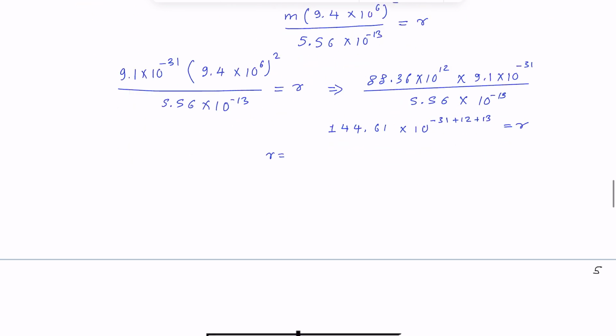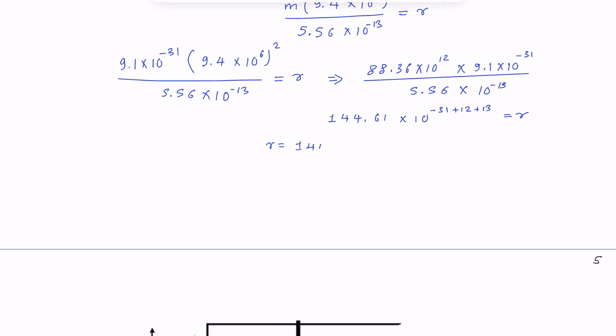So it's going to be 144.61 times 10 to the minus 6, which is the same as 1.4 times 10 to the minus 4 meters.